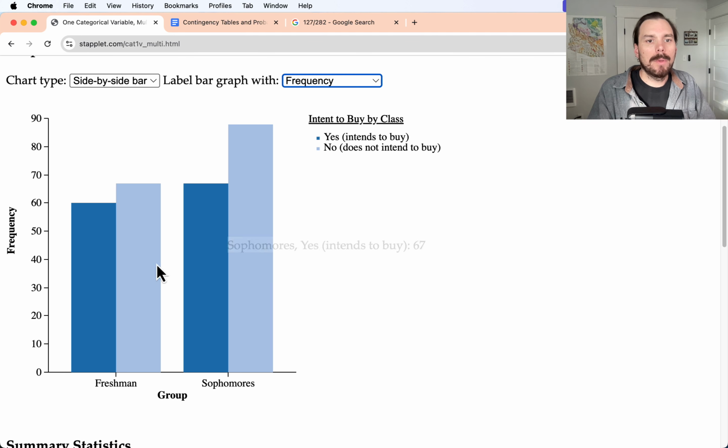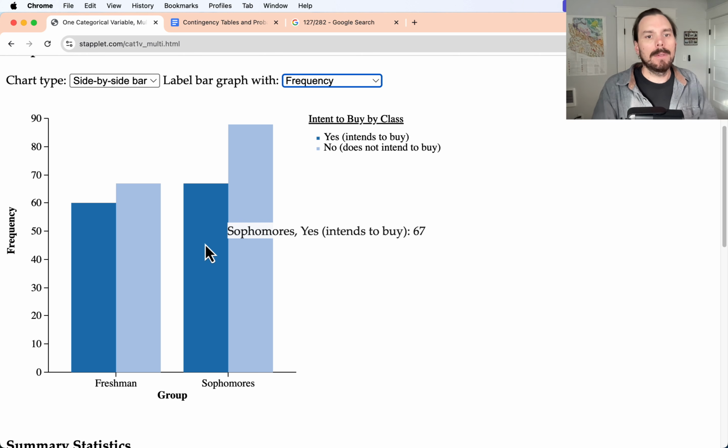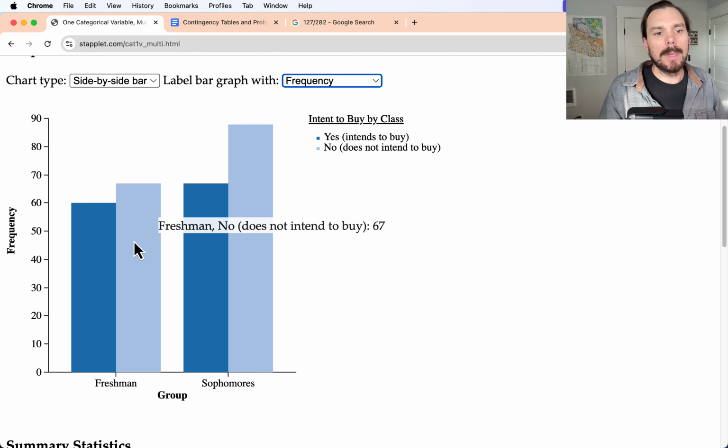So now we can both compare these groups relatively speaking. Sophomores, there's more than freshmen, but we can also look at how they relate. There's more of a distinct difference with sophomores, yes and no answers versus freshmen.